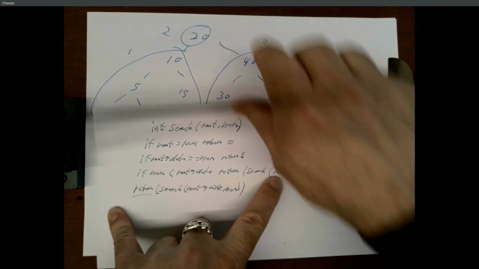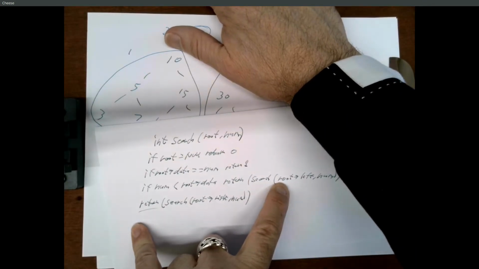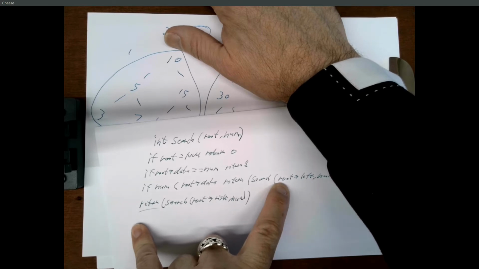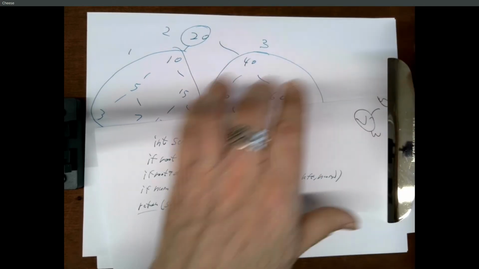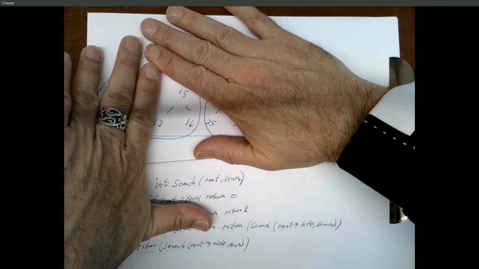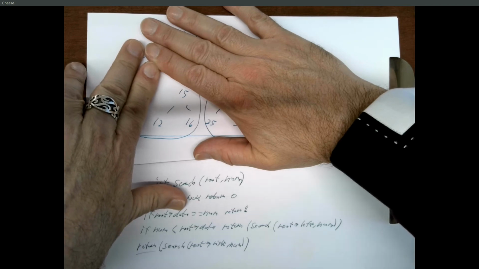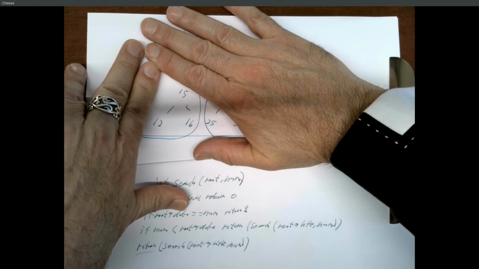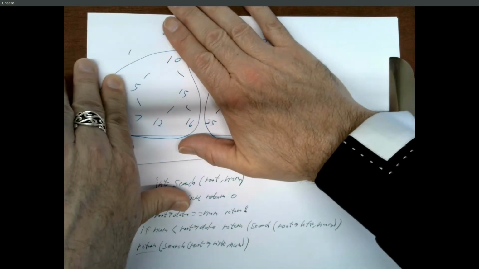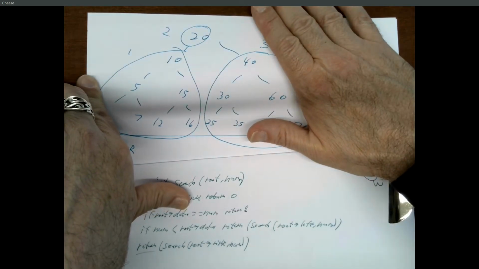Let's search for 15 in this smaller tree and return whatever that returns. And my call to that is going to say, well, 15 is bigger than 10. Let's look for a 15 in this little tiny tree and return whatever that returns. And when I search for that, it's going to look at the root and say, hey, my root's equal to 15. I'm going to return a 1. And so my call to search this is going to return a 1, and my call to search this is going to return a 1.